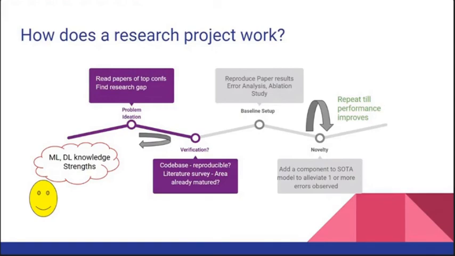Some kind of different components or tweaks you try to make, which you think have some justification, and see whether the performance improves or not, right? Once the performance improves, then you have a research project more or less towards the end, meaning you now have a problem which you have solved and you are able to achieve improved performance.